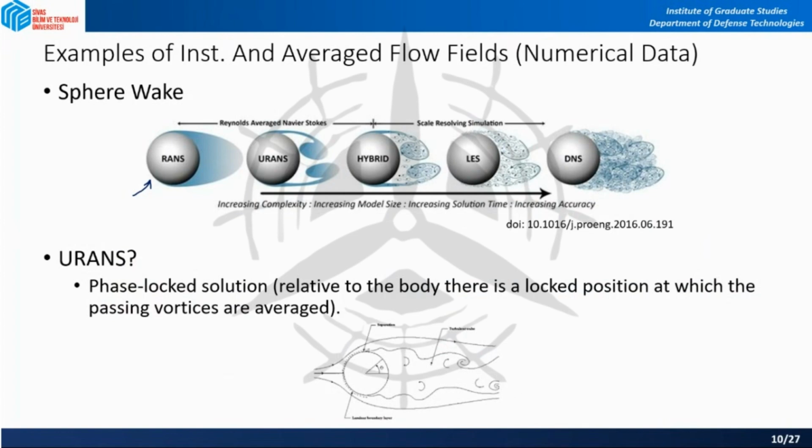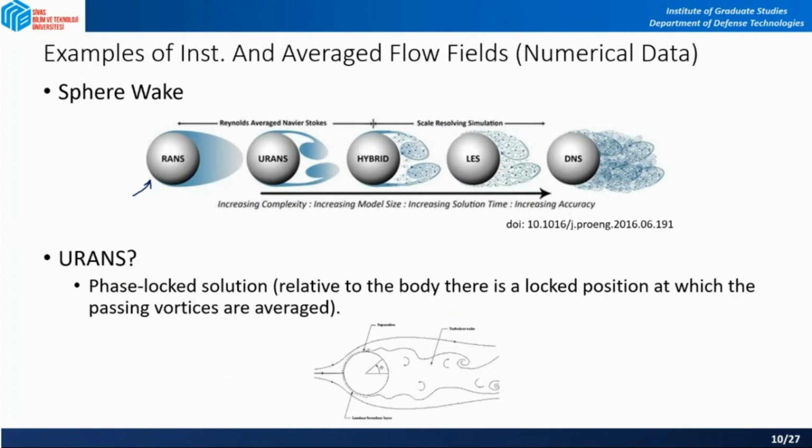Then if you increase it to a hybrid model that uses part of the URANS and uses parts of the LES simulation, you will see not much, but a small number of vortices inside the wake, and then increasing to the large eddy simulation, and then the most complicated one, which is a DNS, will give you all these distorted vortex shapes.